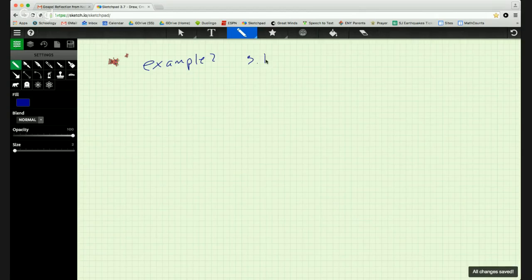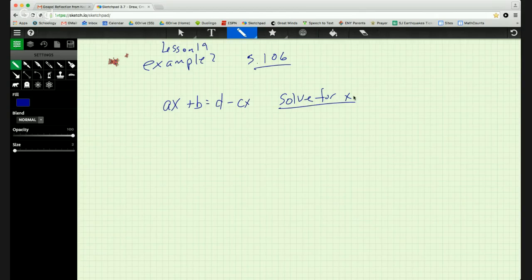It's on S.106 in my book. And it is: solve ax plus b equals d minus cx. Solve for x. I want you to pause and try. Okay, pause the video and try, then we'll come back and we'll see what we got.